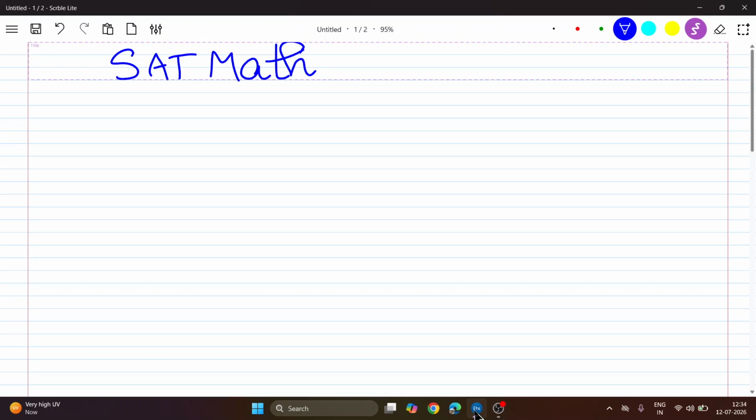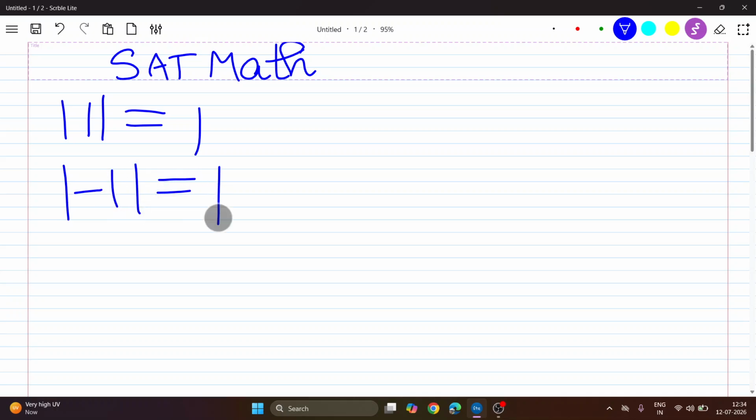Let's say mod x. Mod of 1 equals 1. Mod of minus 1 is also equal to 1.